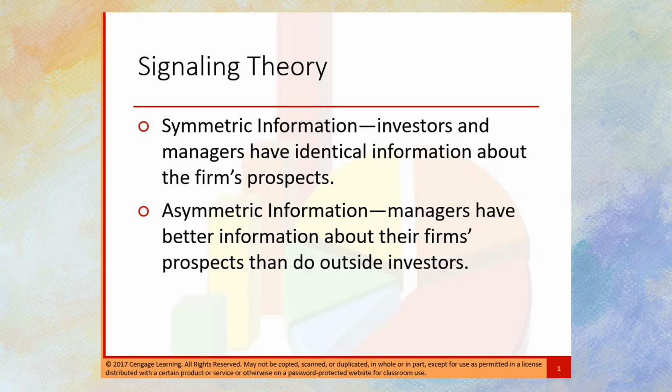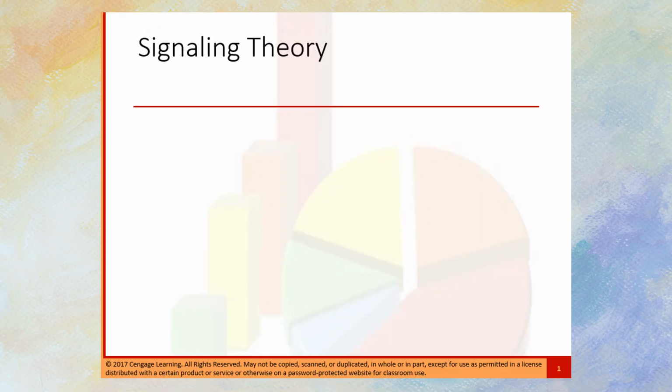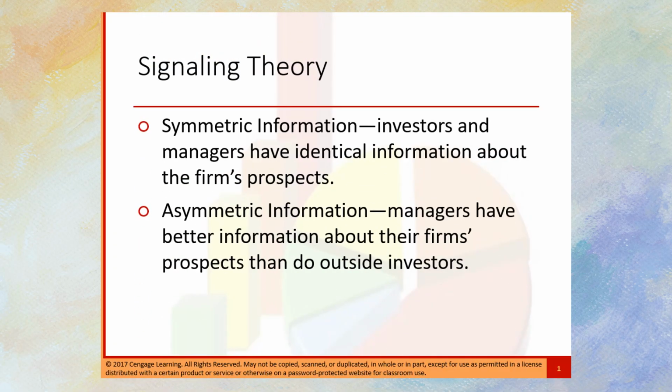More often, information is asymmetric. Managers know more about their company's risks and opportunities than outside investors ever could. This gap in knowledge creates uncertainty, and uncertainty leads investors to interpret management's actions, like taking on debt, as signals.